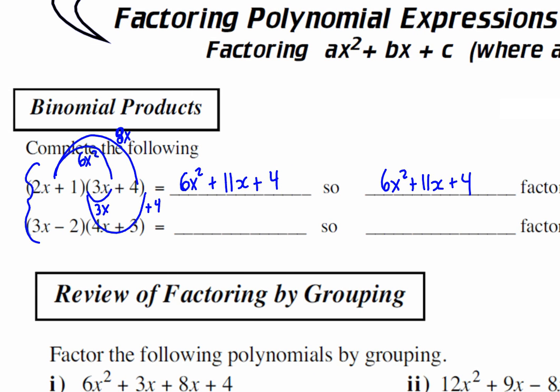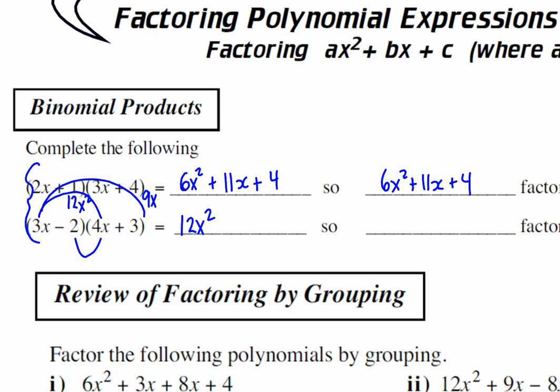So let's do the same thing, but for the next one. 3x times 4x is your 12x squared. The 3x times the 3, 9x. Negative 2 times positive 4, negative 8x.